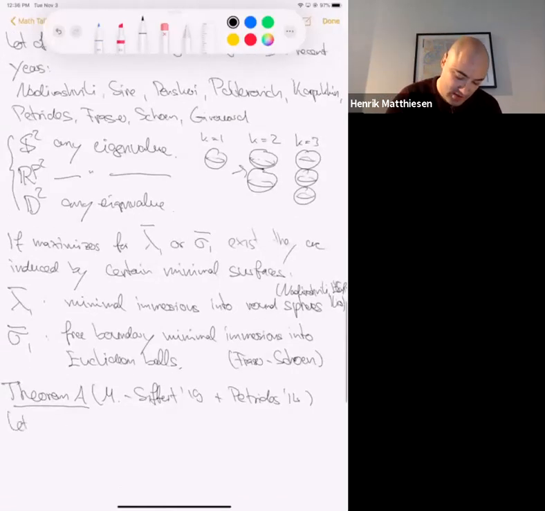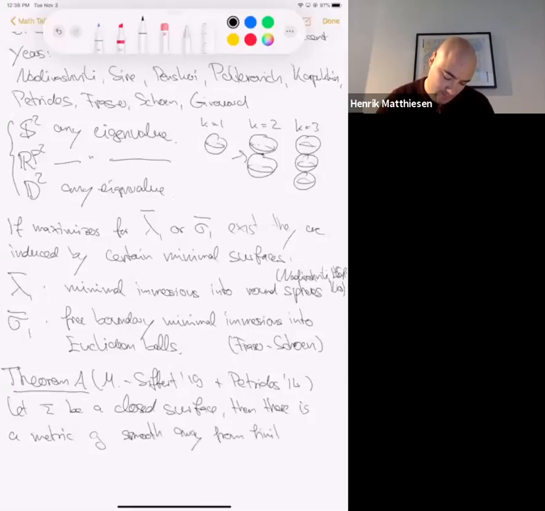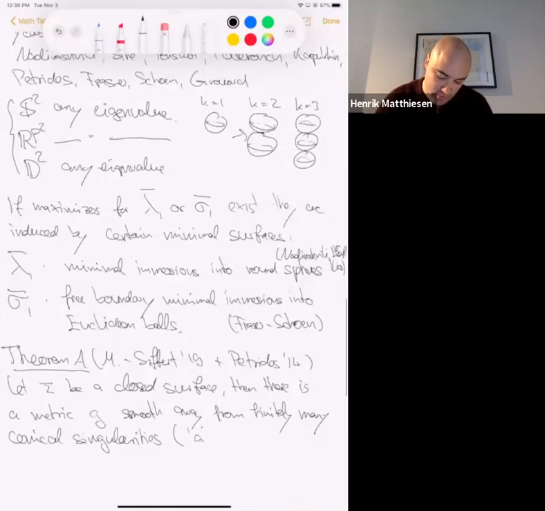So let sigma be a closed surface. Then there is a metric g, which is smooth away from finitely many conical singularities. I don't want to write this all the time, so let me call this almost smooth.